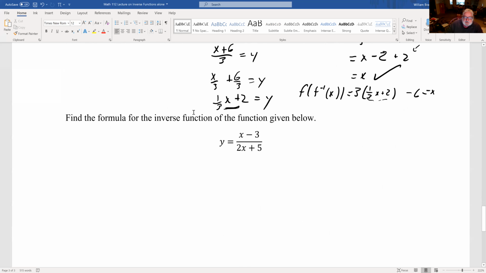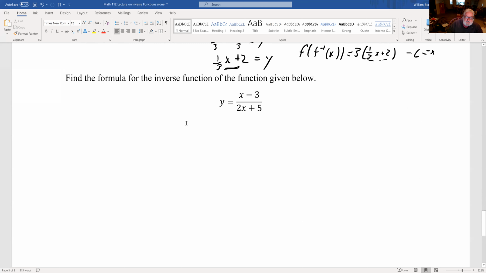So sometimes these can be a little bit more complicated. If you look at this, what's the inverse function for this? Switch the x's and the y's, so we get x equals y minus 3 over 2y plus 5. Solve this for y. How do you do that? Well, I'm going to multiply both sides by the denominator.